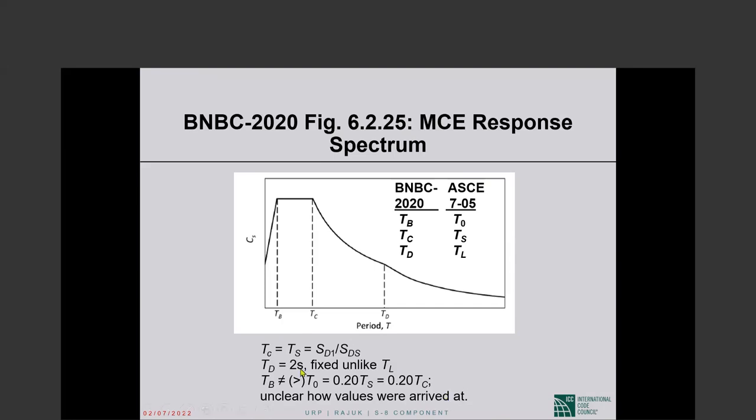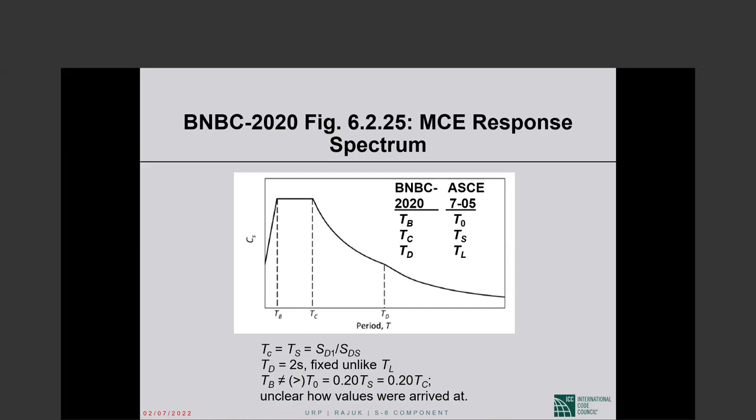T sub 0 is equal to 20% of T sub S, and T sub S is equal to T sub C. But T sub B is not equal to that. T sub B is typically greater than that. And how the T sub B values were derived, I do not quite know.